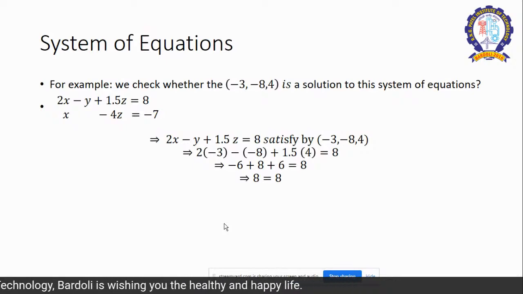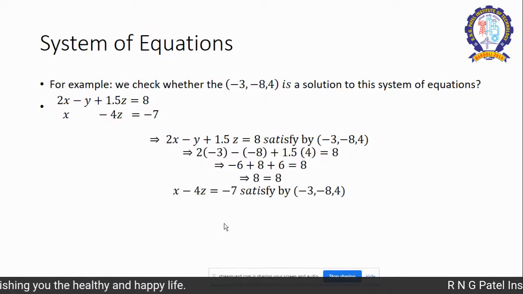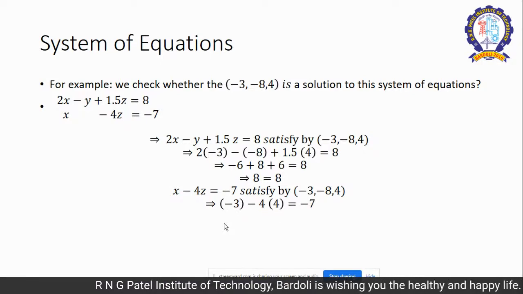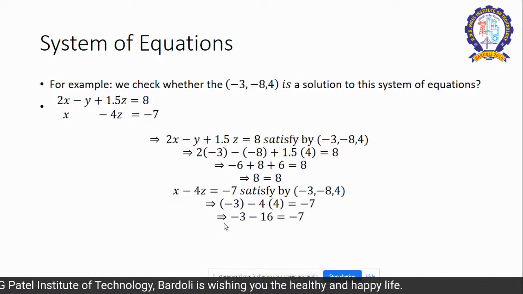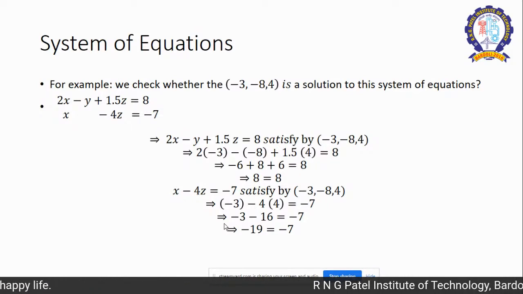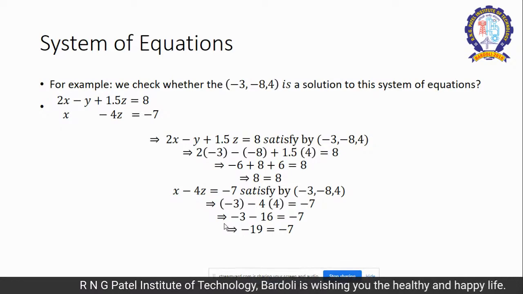Now, is x minus 4z equal to minus 7 satisfied by minus 3, minus 8, 4? Let's check. This is nothing but minus 19 equal to minus 7. This is not satisfied, which means this triplet never satisfies this system of equations.